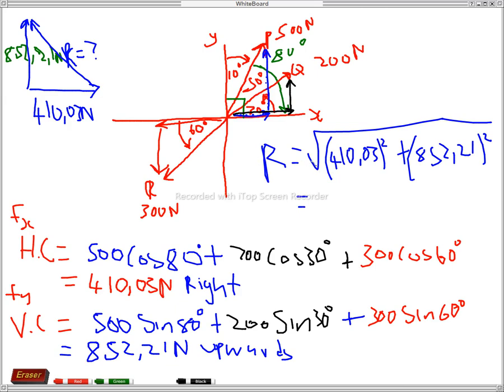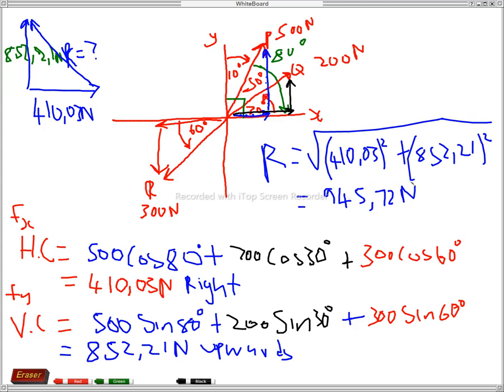So when I punch this on a calculator, I get my answer as 940.45, 72 to two decimal places, remember. So this is the resultant.